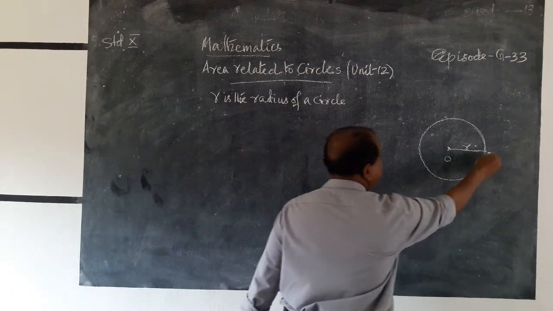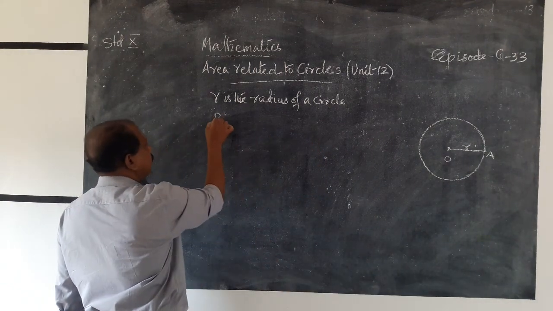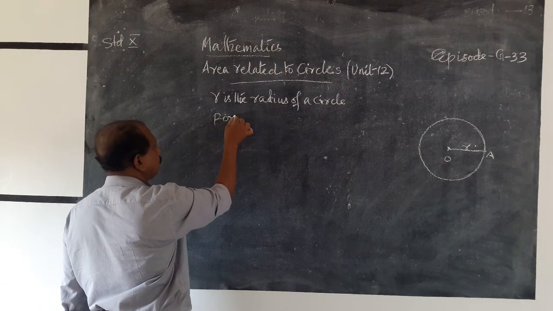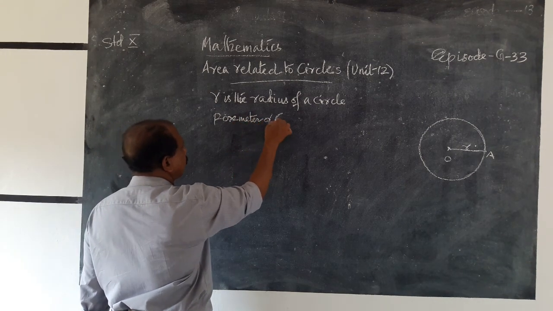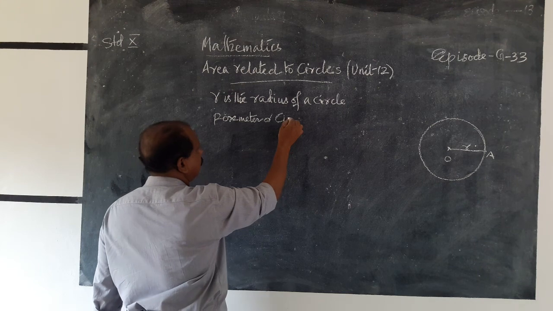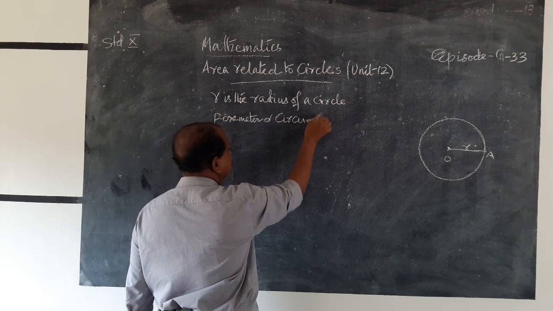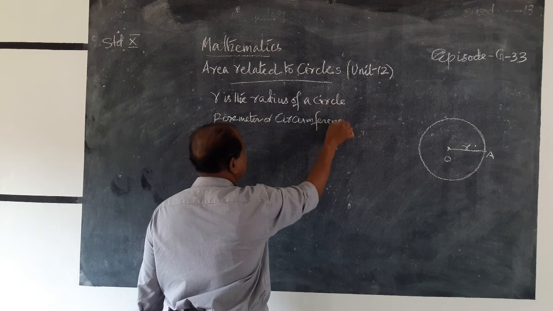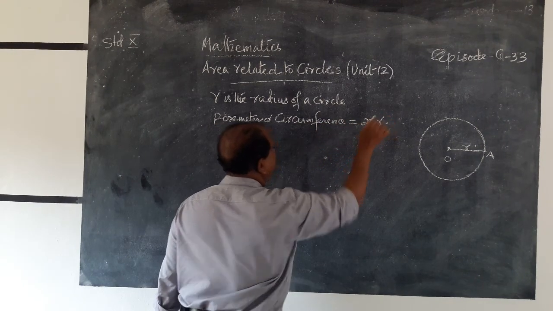OP, OA are radii. Then the perimeter or circumference is equal to 2 pi r.